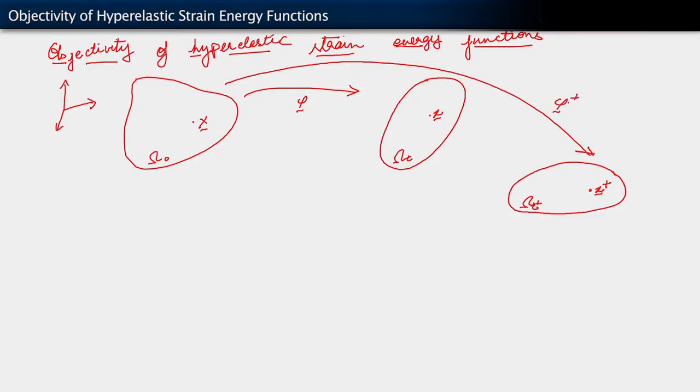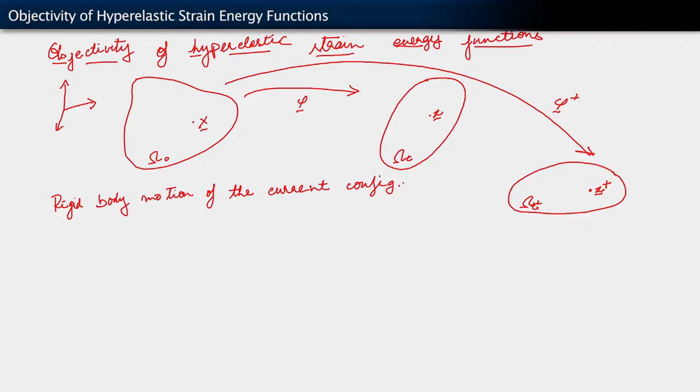Okay, and we have a rigid motion, right? So what we have is a rigid body motion of the current configuration, config as short for configuration.